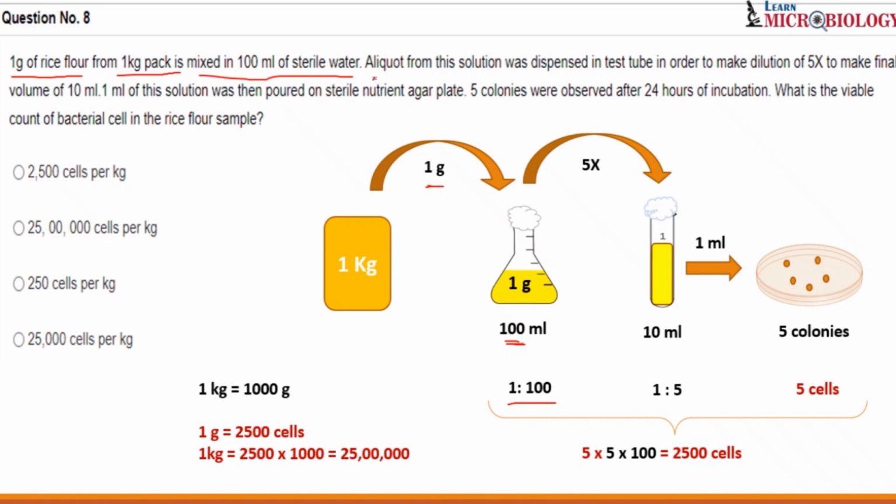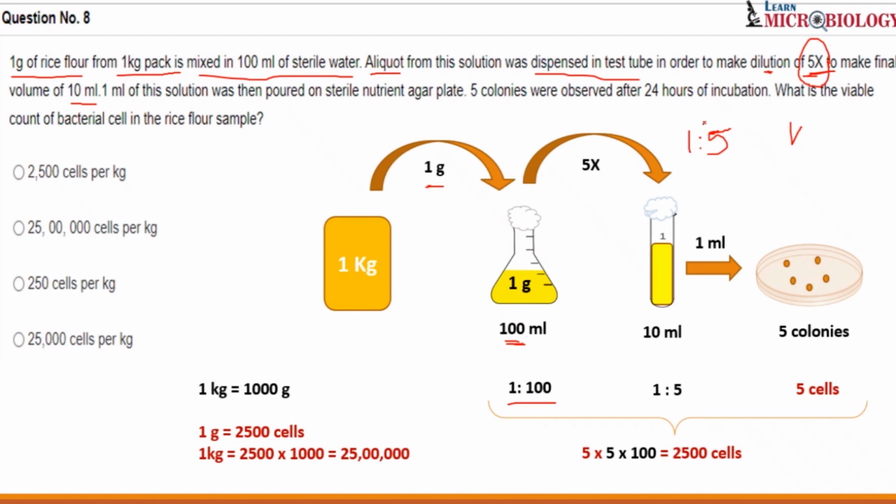Let's read further. An aliquot from this solution. Aliquot means a small volume, and that volume we don't know. It was dispersed into a test tube in order to make a dilution of 5x to a final volume of 10 ml. Now see, this 5x is given to confuse you all. 5x is nothing but 1:5. 5x means 5-fold, and it is not concentration, it is dilution.